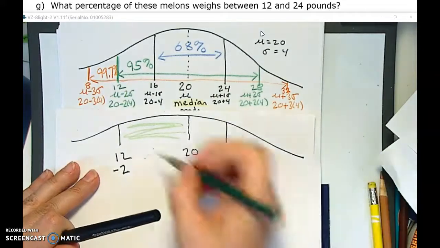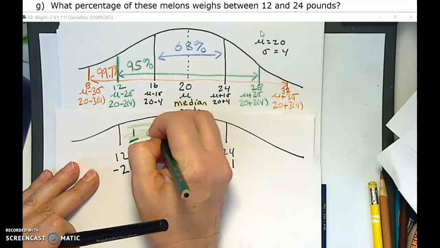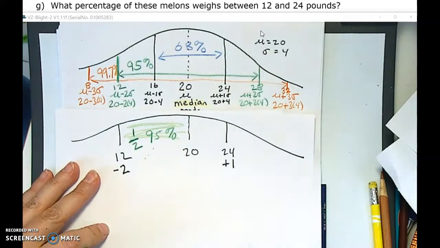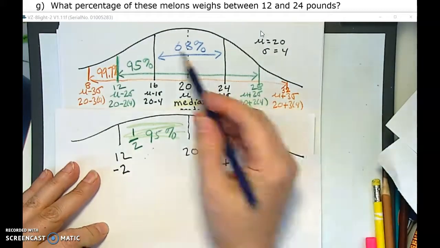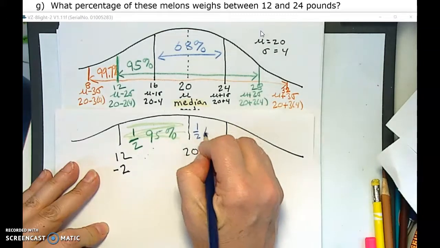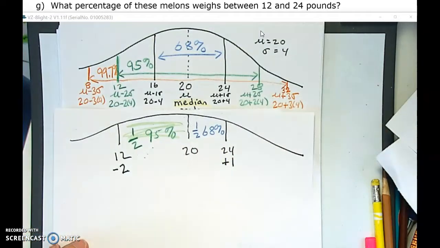So let's do 1/2 of 95%. And then 20 to 24 is 1/2 of that 68%.